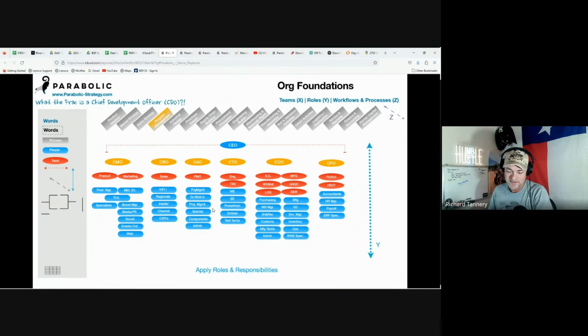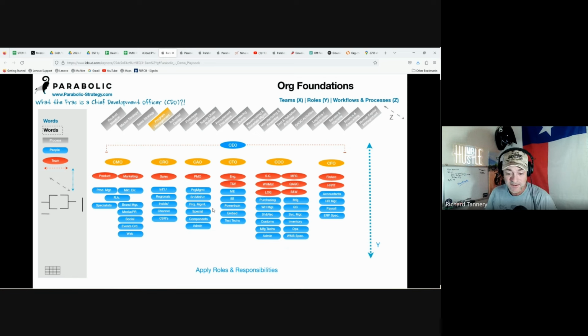On the operations side, you may have purchasing clerks, manufacturing techs, warehouse management, QC techs, shipping and receiving, service management, inventory specialist, operations management. You may have a WMS or warehouse management system software package that someone's going to be administering. You've got your admin, manufacturing technicians, assembly techs.